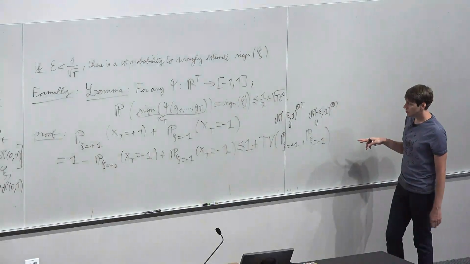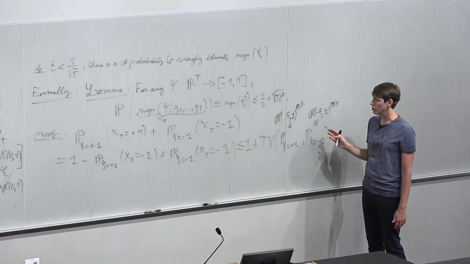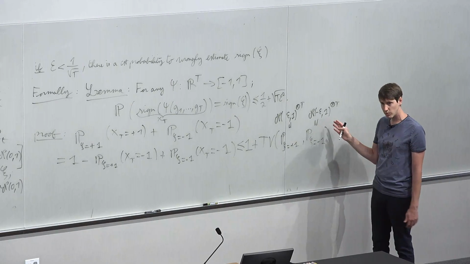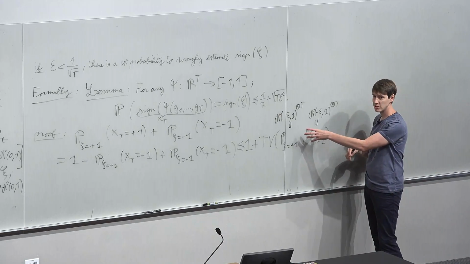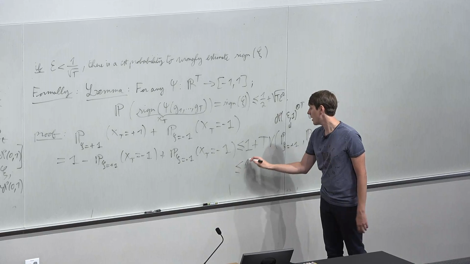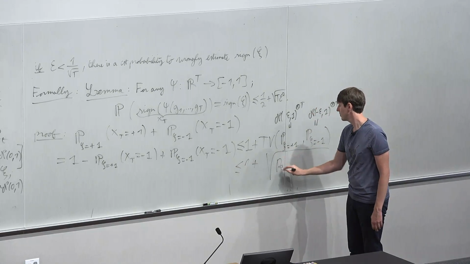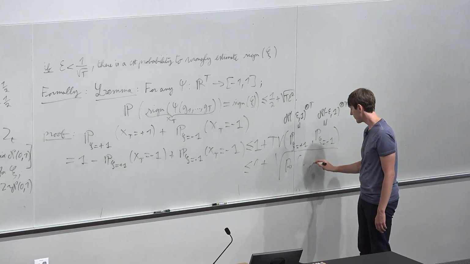So what I can do at this point, either you know exactly the formula for this, or you can use what's called Pinsker's inequality, which relates the total variation distance to the square root of the relative entropy. So this is upper bounded by 1 plus the square root of the relative entropy between those two things.